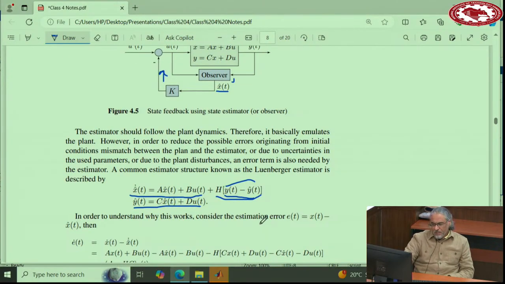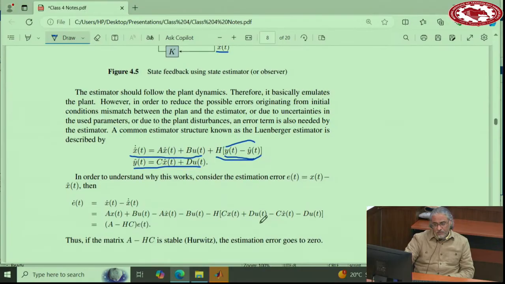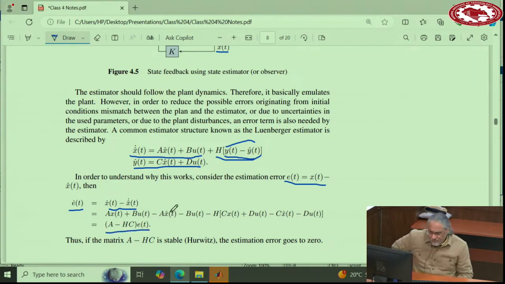Okay, we need to prove that this works. If you want to prove this works, you can show that the estimation error goes to zero. Estimation error, E, has this dynamics, x dot minus x hat dot, and then if you substitute from the equations and simplify the terms, you will get this one, A minus HC into E. Now, if eigenvalues of this A minus HC are on the left side of the complex plane and sufficiently left, then the error will quickly go to zero.